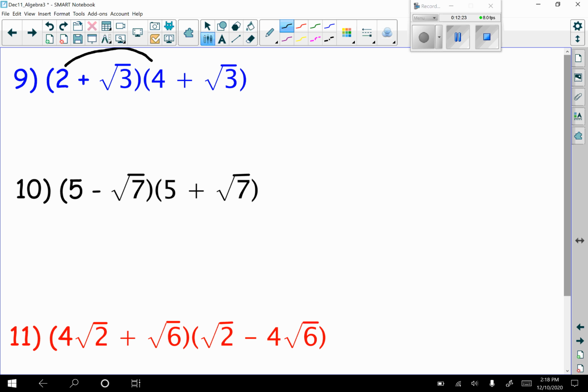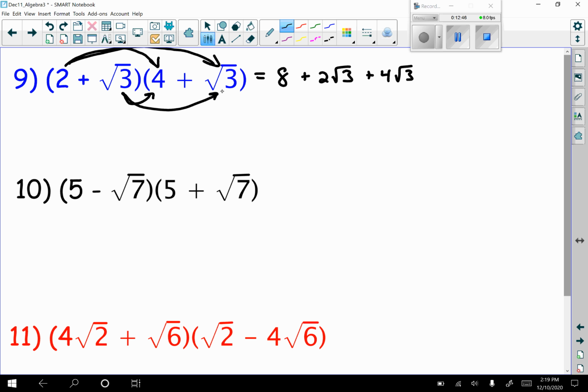So first, I want to multiply the 2 times the 4. So that's going to give us an 8. That's my first. Outside, I multiply 2 by radical 3, so then that's plus 2 radical 3. Inside, I multiply radical 3 by 4, or 4 times radical 3, so then that's plus 4 radical 3. And then last, I multiply radical 3 times radical 3.